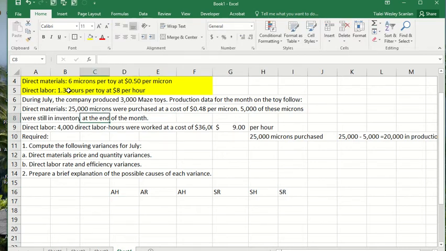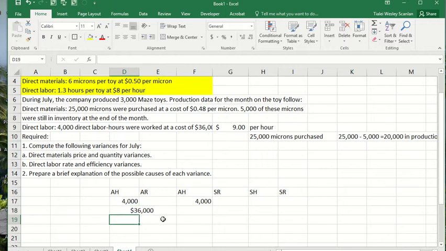This is not a standard. Over here is our standard, and this is actual. So they actually worked 4,000 hours. This is the same over here, but their rate, they paid them a total. So if we multiply them together, the total would be $36,000.